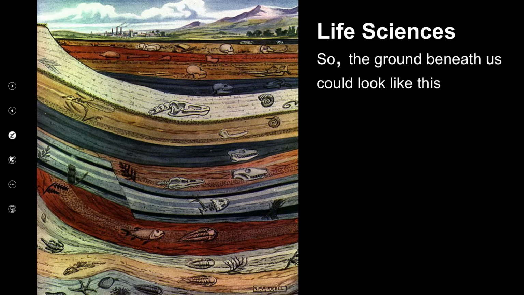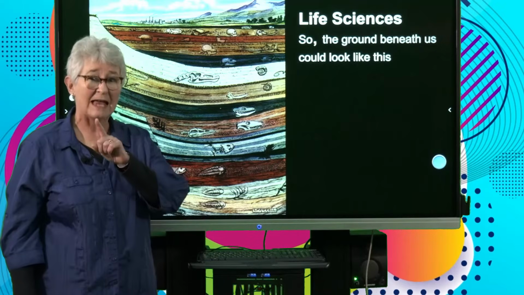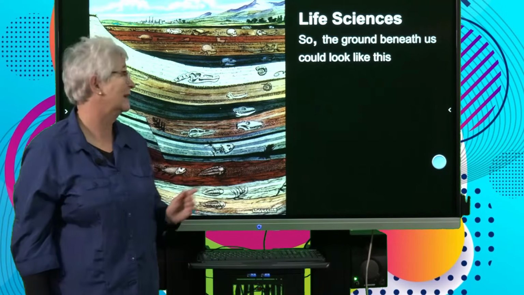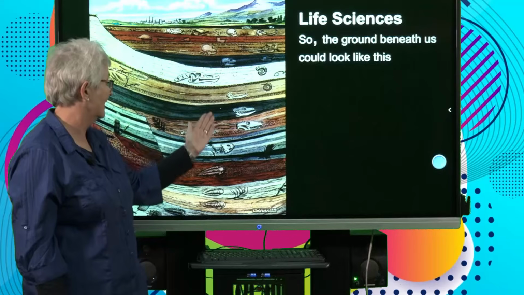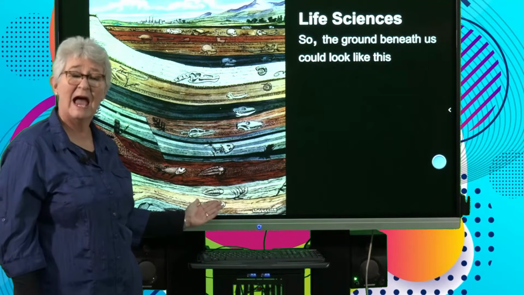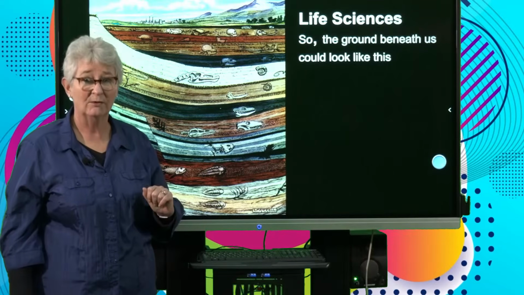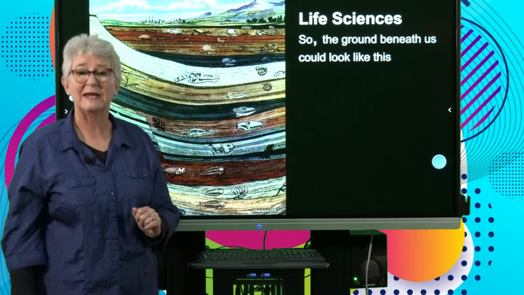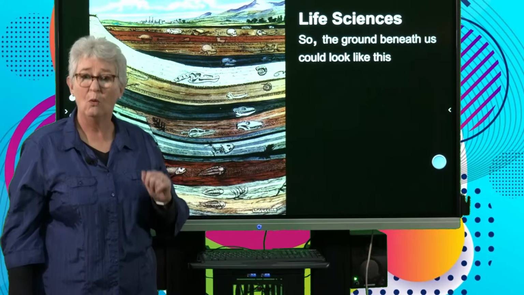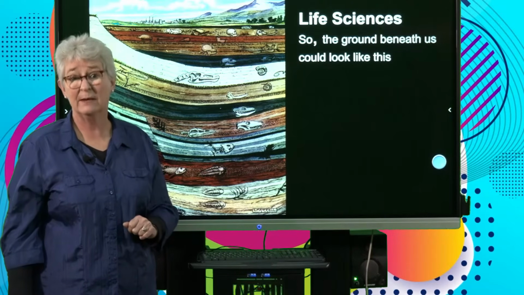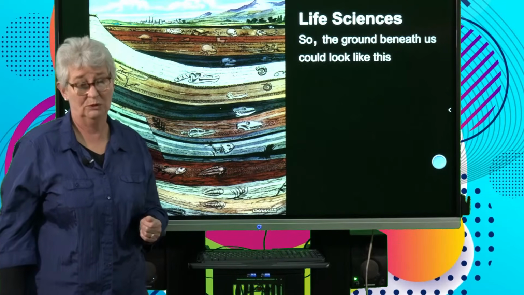For example, the earth under our feet this very minute might look like that. It might have hundreds of fossils in it, but we will never know until some sort of excavation occurs or the landscape is eroded away by water.